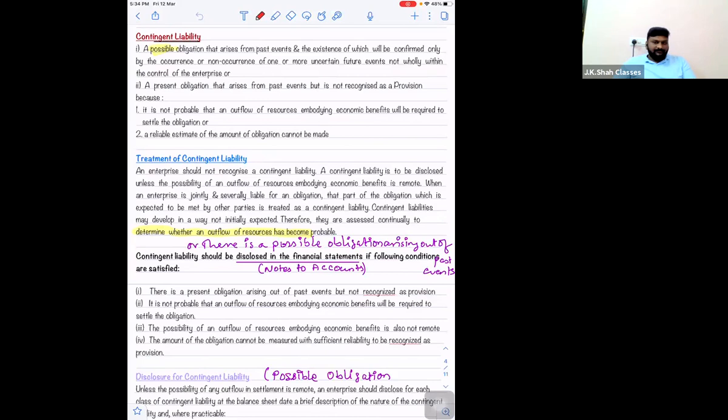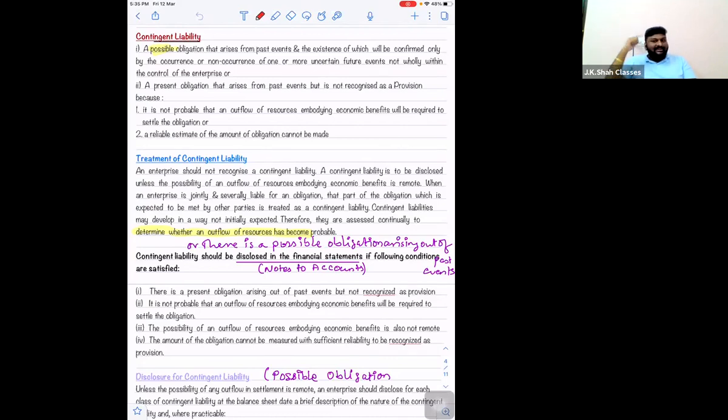That is one change, right? And the second change, I would say, is that it is not probable that there will be an outflow of economic resources to settle the obligation. But even the chances of outflow of resources are not remote.